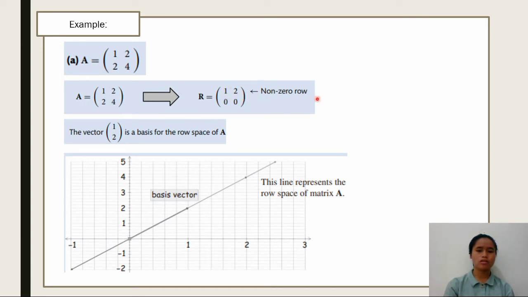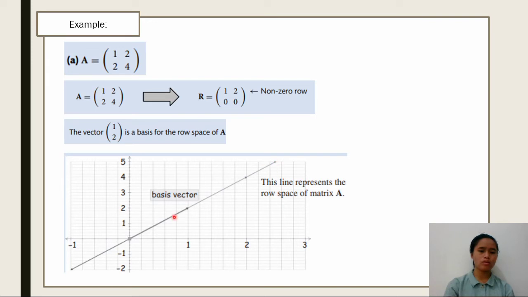So this is the non-zero row, and the vector 1 and 2 is a basis for the row space of A. This is a basis from the matrix A.